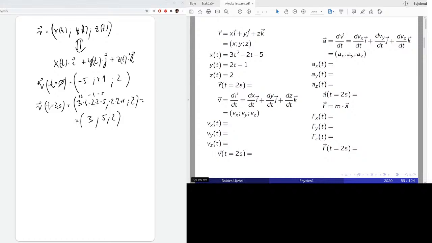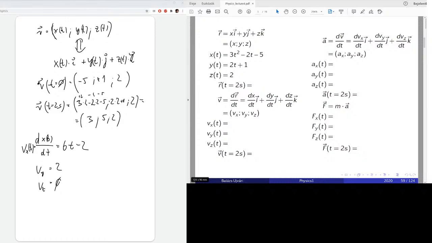Why don't we calculate the velocity? Velocity means we have to derive the x(t), which is, I'm pretty sure you know it, 6t minus 2, the vy equal 2, and the vz, since the z position is a constant, the constant has 0 result in derivation, so it's 0.